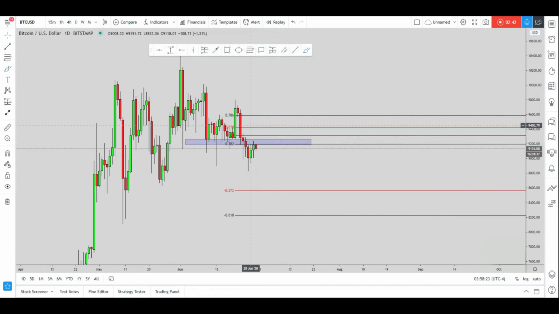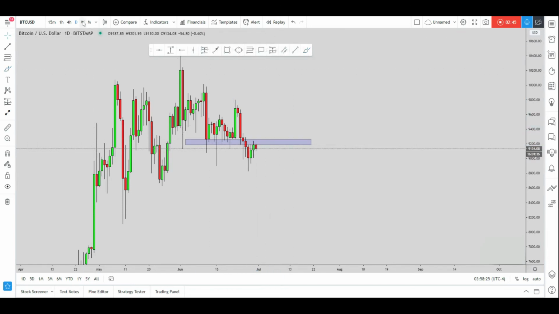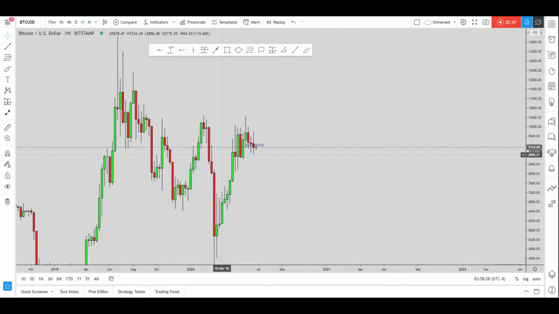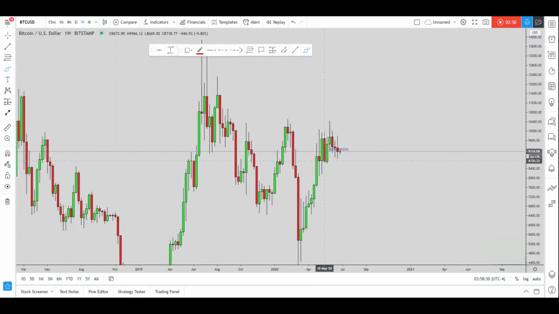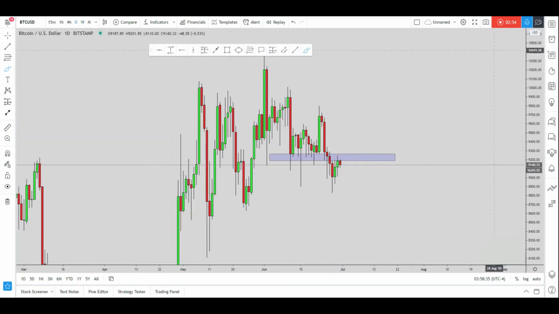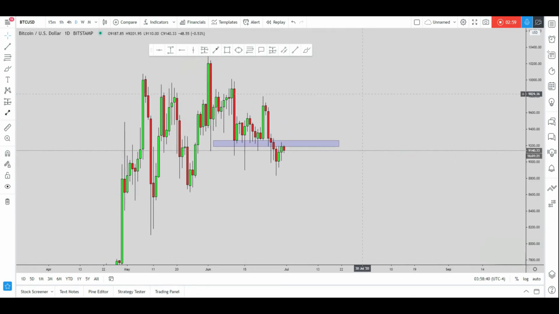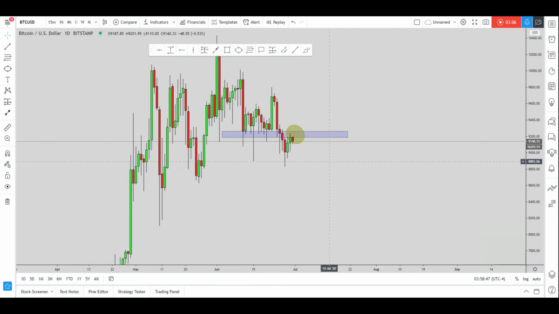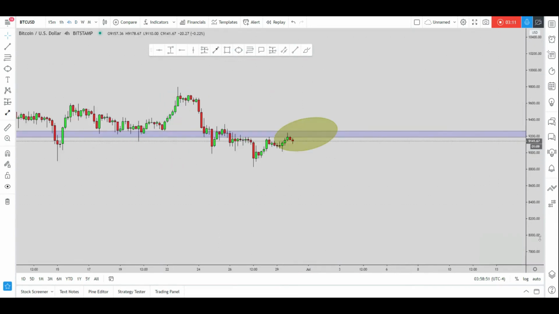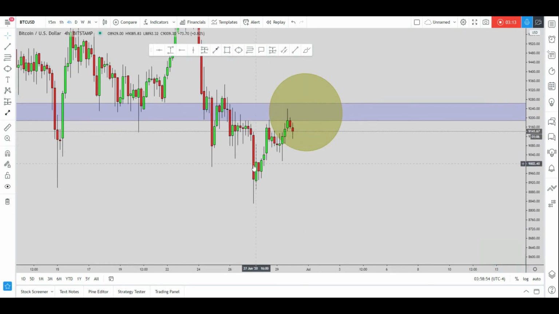However, keep in mind that as we have just said, on the weekly time frame, the market is still above support. So there are two main ways to approach this kind of situation. There is the conservative way and there is the aggressive way. The aggressive way is, since we overall want to see a move to the downside and the daily time frame is bearish, you can be looking for a potential entry opportunity on the 4-hour time frame, which at the moment you still don't have because everything is bullish.